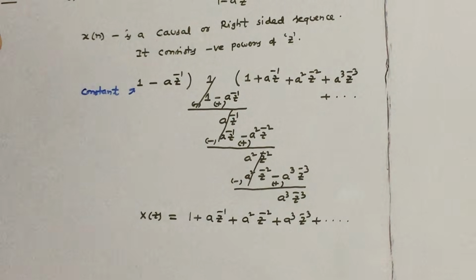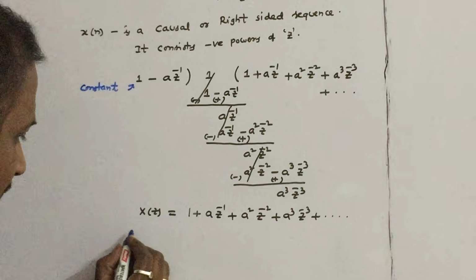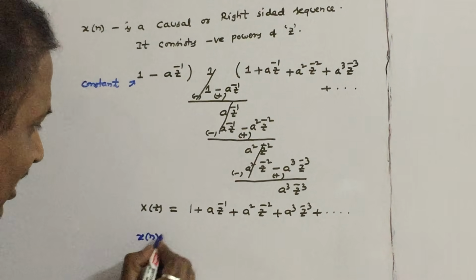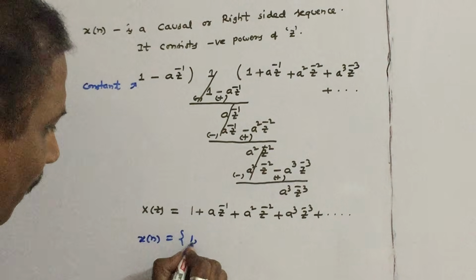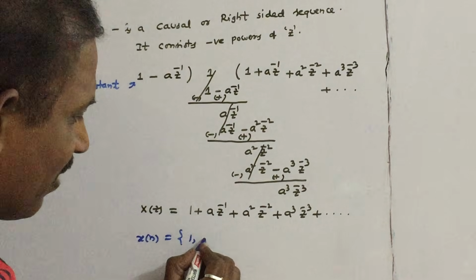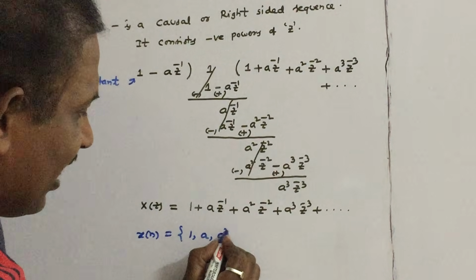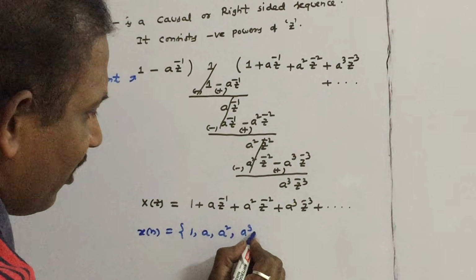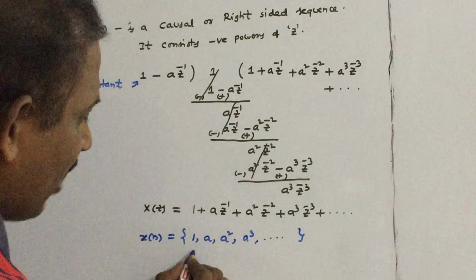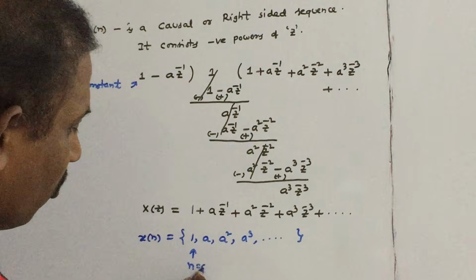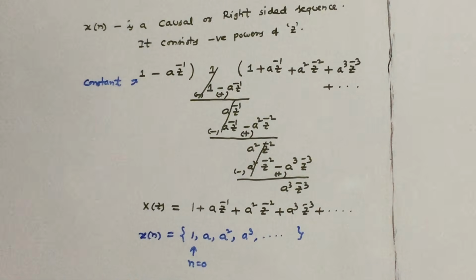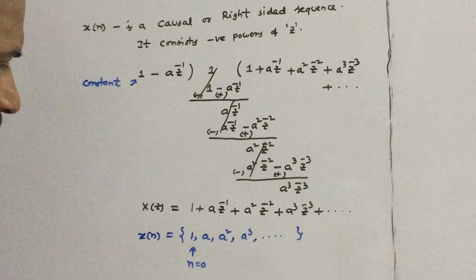If you take the inverse Z transform of X of z, the sequence x of n is given as 1, then the second element is a, the third element is a square, the fourth element is a cube, and so on. Keep the arrow at n equal to 0. You see that it is a right-sided or causal sequence. So this is the answer for this problem.